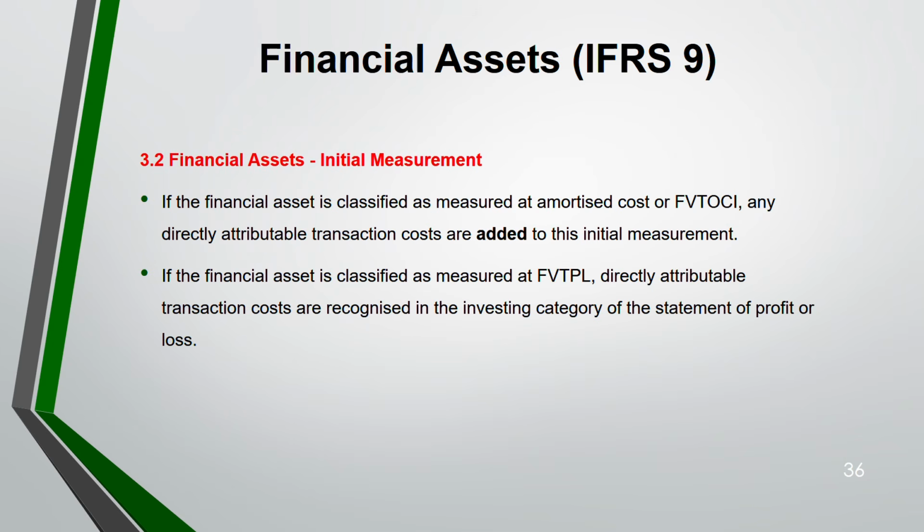But if the financial asset is through profit and loss, any transaction cost is recognized in your statement of profit and loss under the investing category, because normally you keep a financial asset for investment purposes.